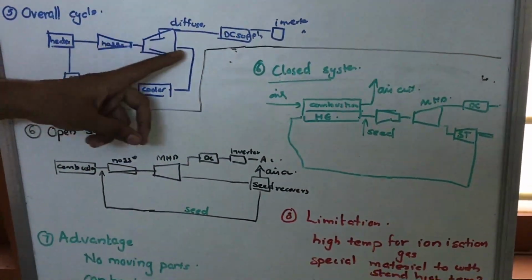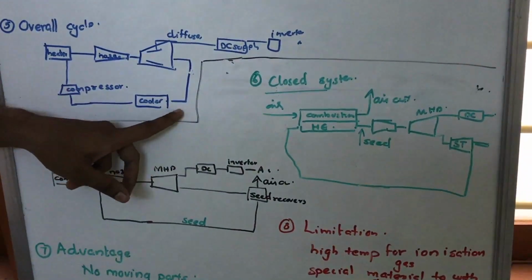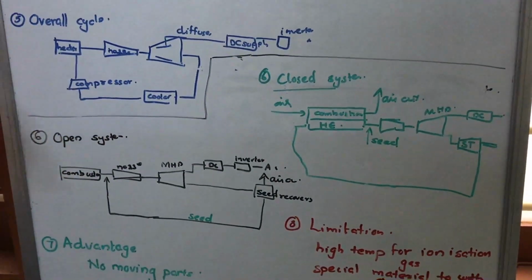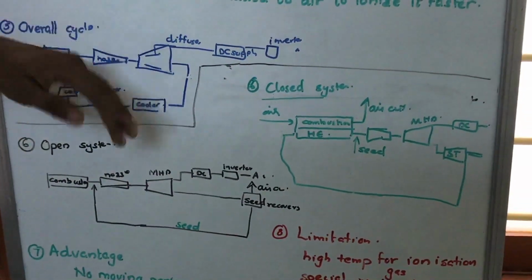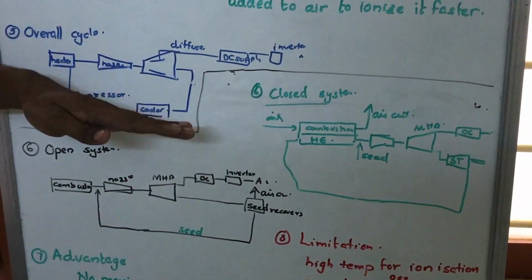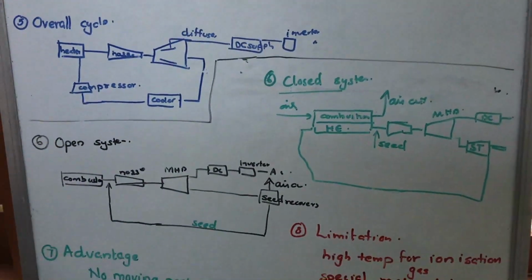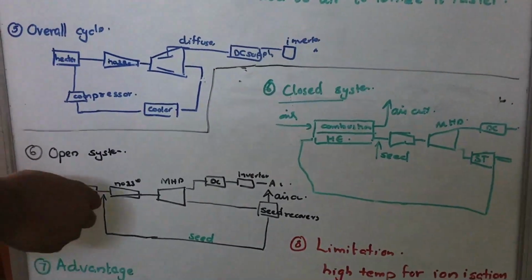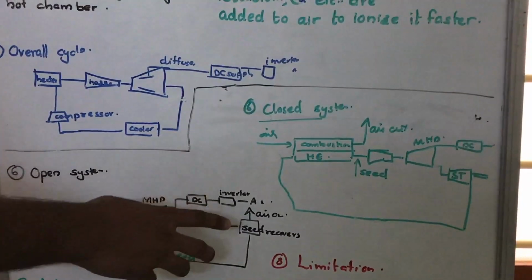In some cases the air that has passed is taken through a cooler, then through a compressor, and then returned to the heater. In such cases we classify this MHD system as open system and closed system. In an open system, the air first undergoes combustion, then passes through the nozzle and MHD in similar steps.